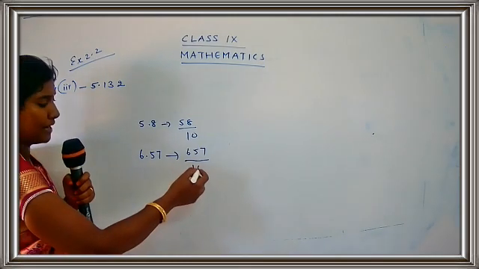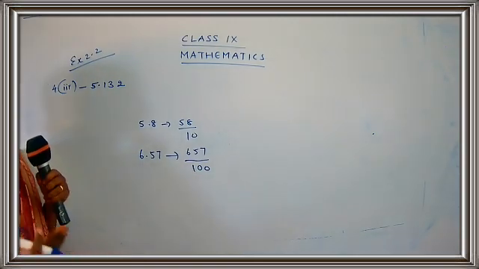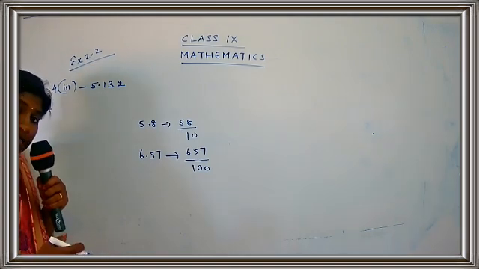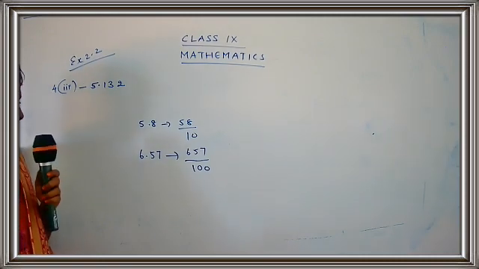So you have to write 100, 2 zeros. Just remember, 2 places means 100, 1 place means 10. If you have one number after the decimal point, put 10. If you have two numbers after the decimal point, put 100. Three numbers, 1000, and so on.